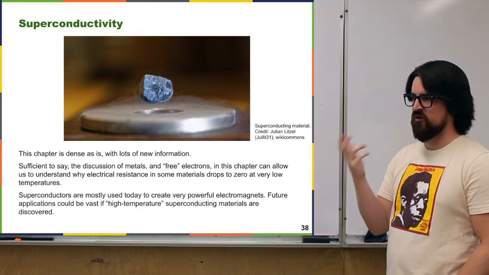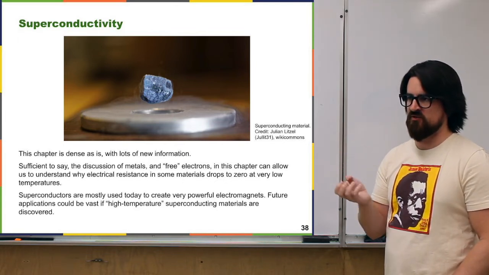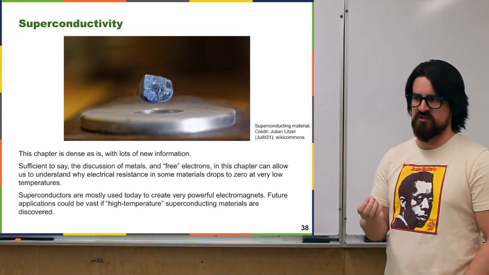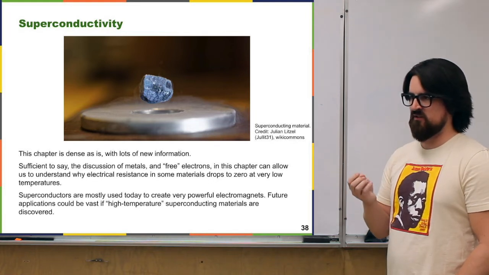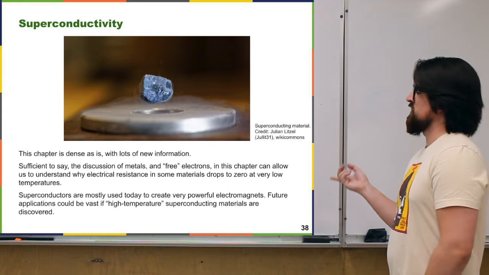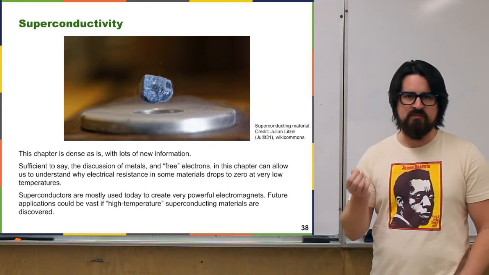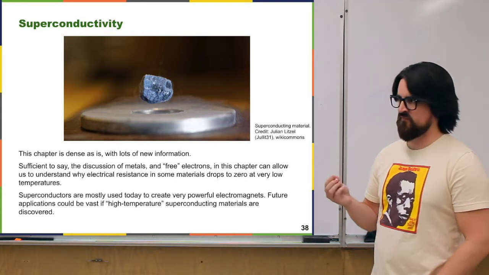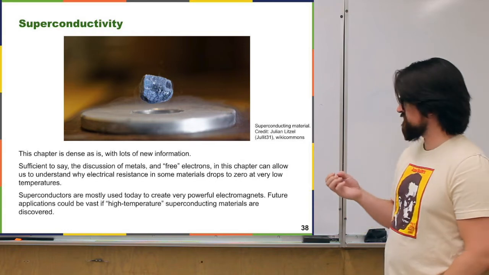The materials that we know of that become superconducting only do so, like I said, at a very low temperature. And so there are pretty limited places where they're useful currently, mostly in creating really powerful electromagnets in things like particle colliders.